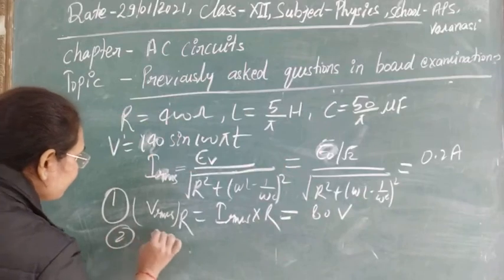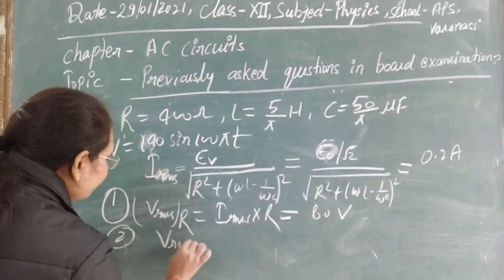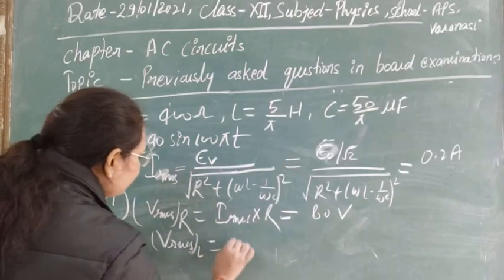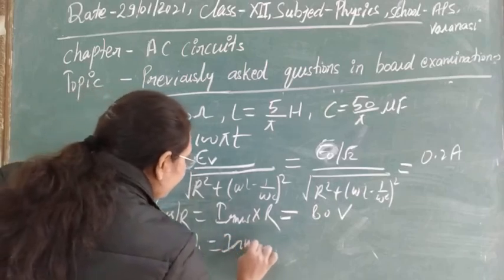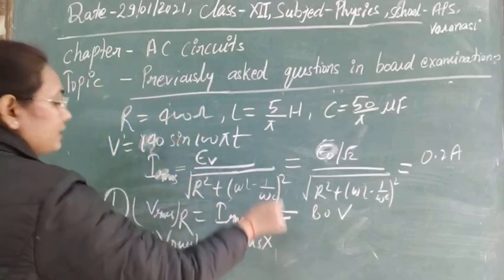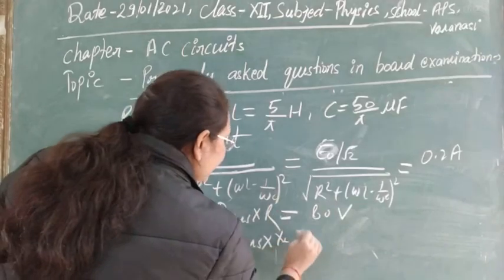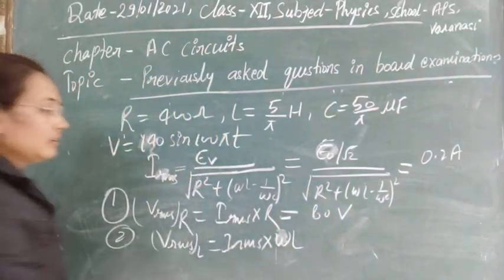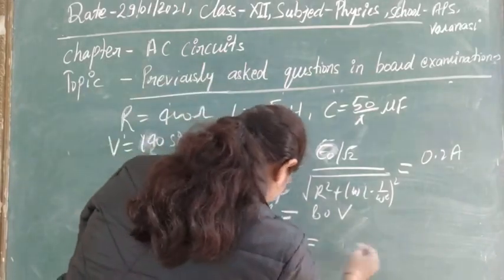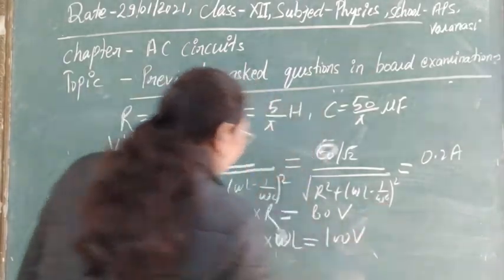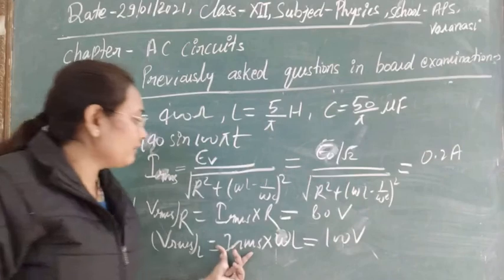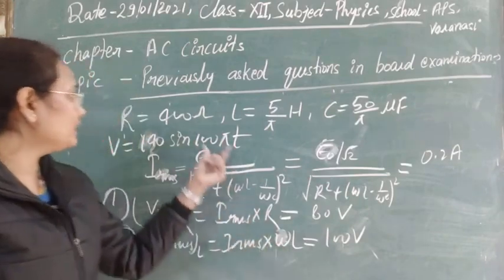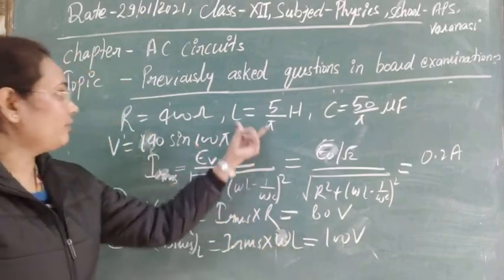Second, we have to calculate V RMS across L. Across L, this is equal to I RMS times the reactance of the circuit, that is XL, or in place of XL we can write omega L. If you solve it, we obtain 100 volt. All the values you already have: the value of I RMS, the value of omega that is 100 pi, and the value of L that is given.